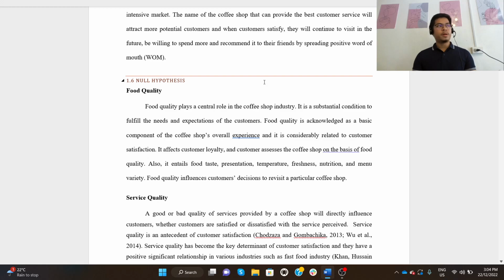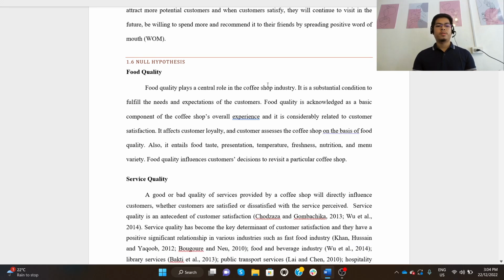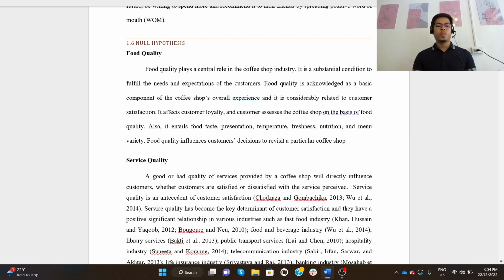So these are the development of the hypothesis. So we have the food quality. Food quality plays a central role in the coffee shop industry. It is a substantial condition to fulfill the needs and expectations of the customers. Food quality is acknowledged as a basic component of the coffee shop's overall experience, and it is considerably related to customer satisfaction.